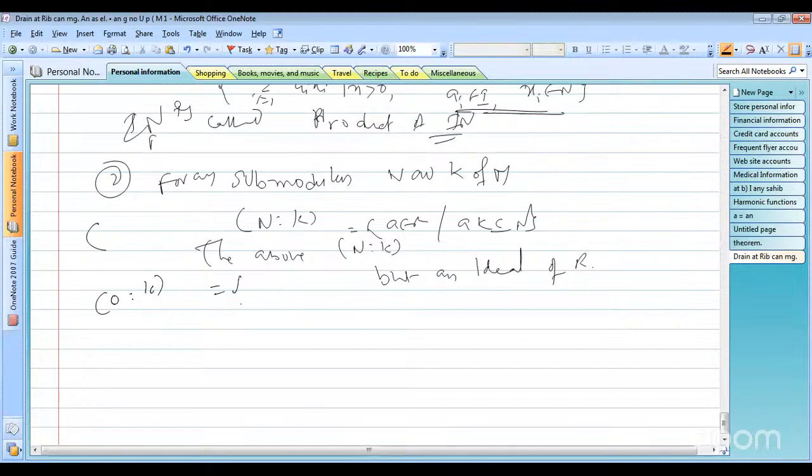So that is a belongs to R such that aK is equal to 0.